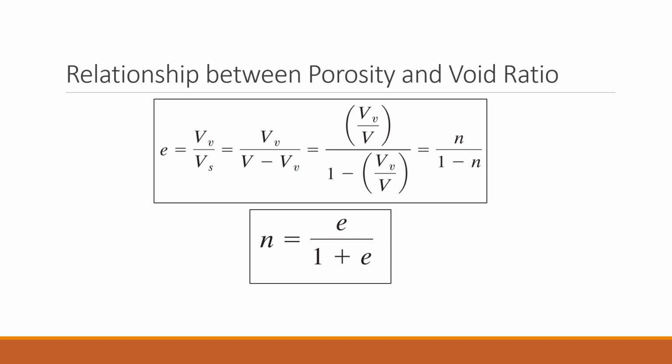Simplifying this equation, we will come up with this one, and simplifying again, we will come up with the formula of our void ratio e with respect to the porosity n. If you are going to solve for the void ratio using the value of the porosity, you will be using the formula e is equal to n over 1 minus n.